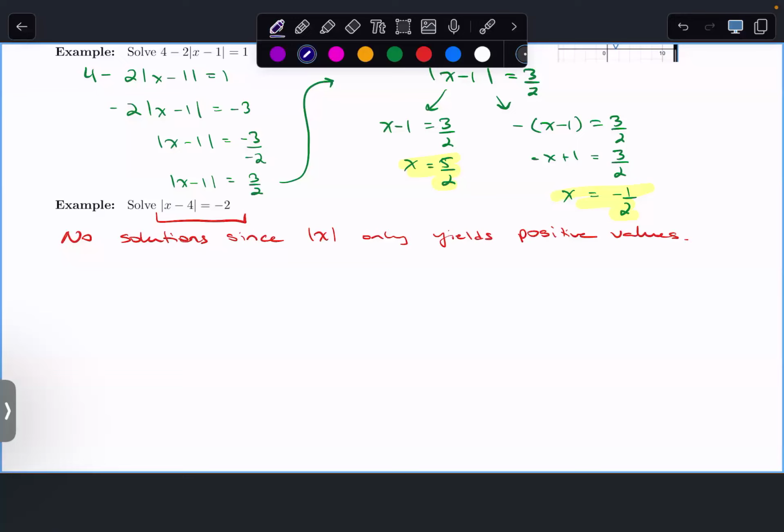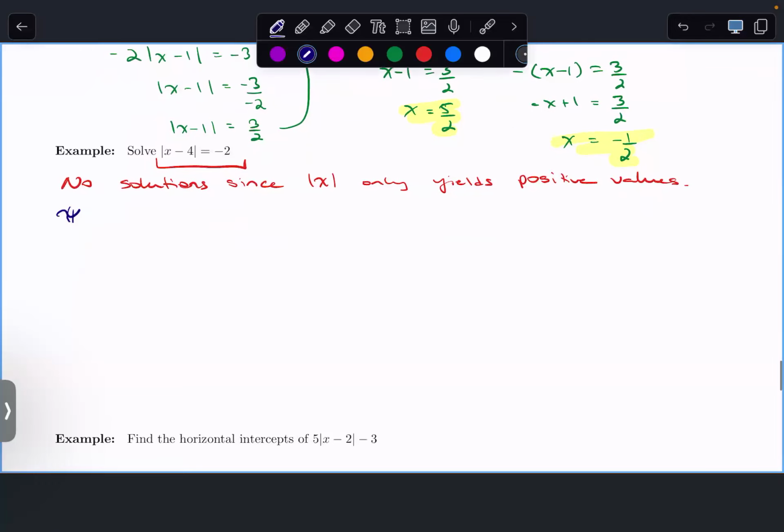So, kind of tangent to that, I'll do a little separator there. There are three possible results that we can get. So in fact, there are three possible results.